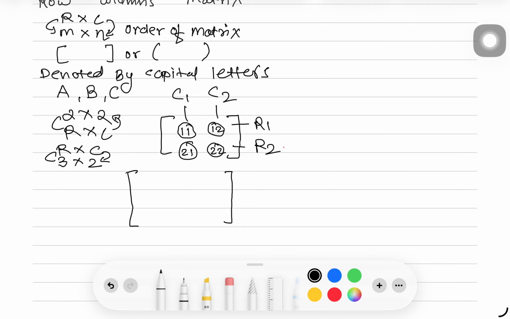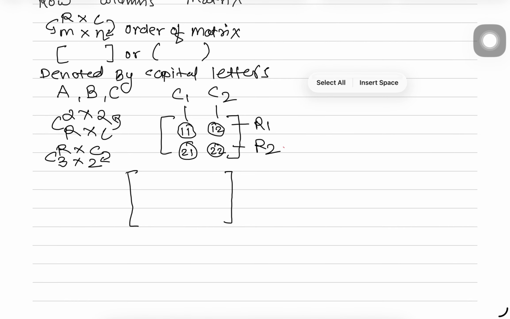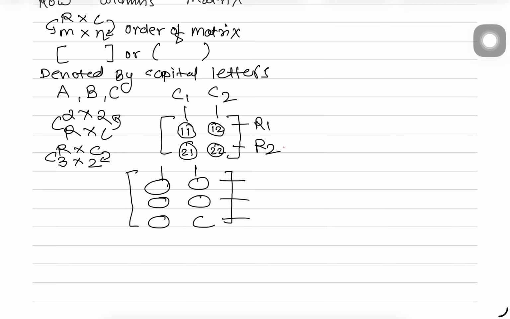Number of rows 3, columns 2. 3 twos are 6, so there are 6 elements.